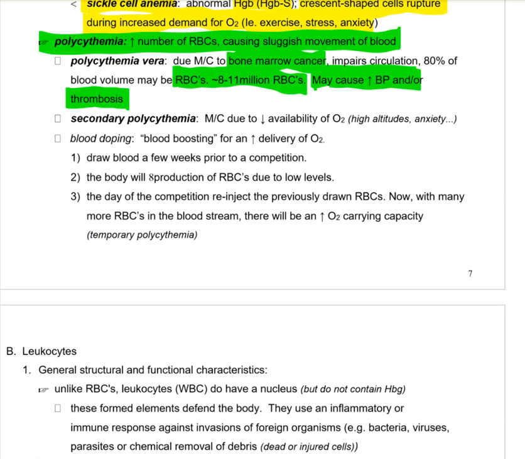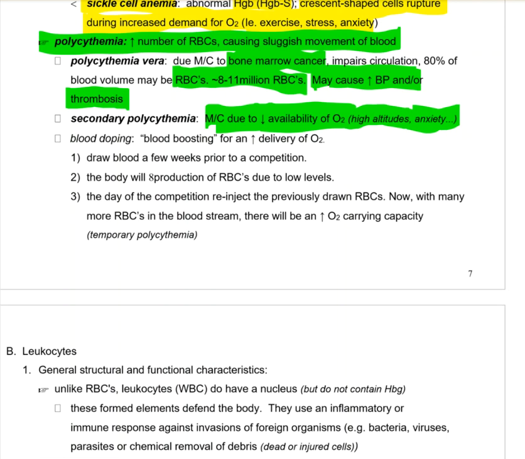Secondary polycythemia is usually due to something else and it's temporary. It's usually due to low availability of oxygen, like high altitudes or chronic anxiety, something like that. In this case, because there's not a lot of oxygen in the environment, or you're anxious and not breathing correctly and not getting enough oxygen into your system, your body starts to make more red blood cells in hopes that it can grab onto more oxygen.